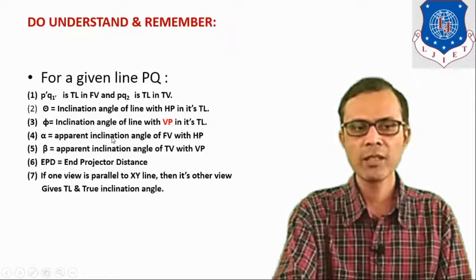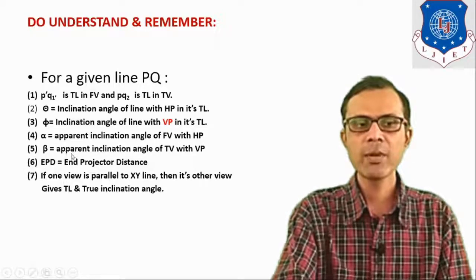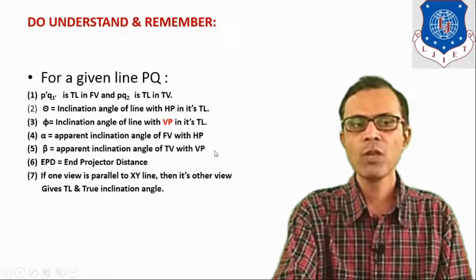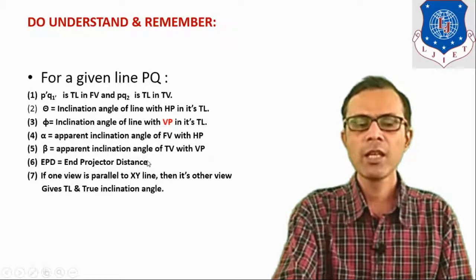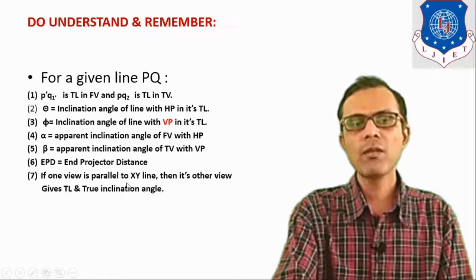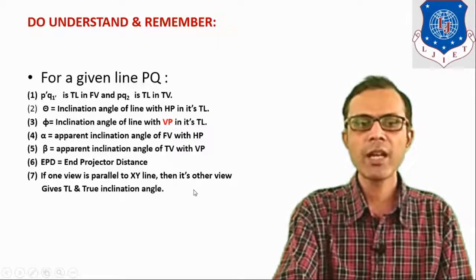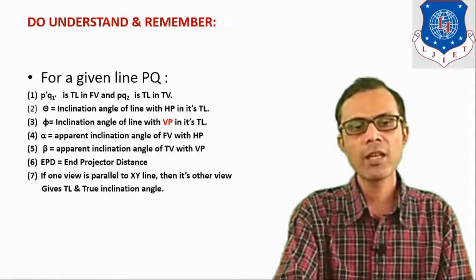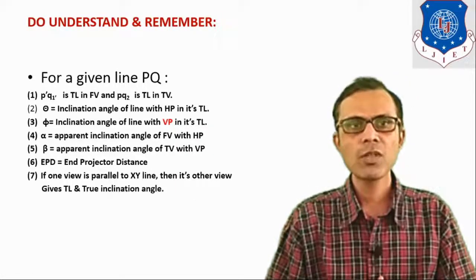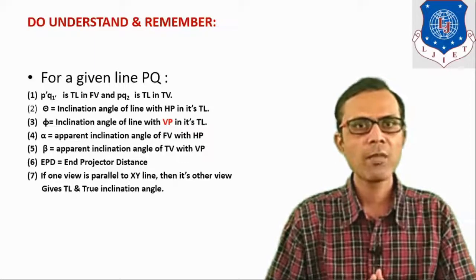Alpha is apparent inclination angle of front view with HP. Beta is apparent inclination angle of top view with VP. EPD is end projector distance, and if one view of line is parallel to XY line, then its other view gives true length and true inclination angle. It is a very important conclusion. You should understand and remember it.